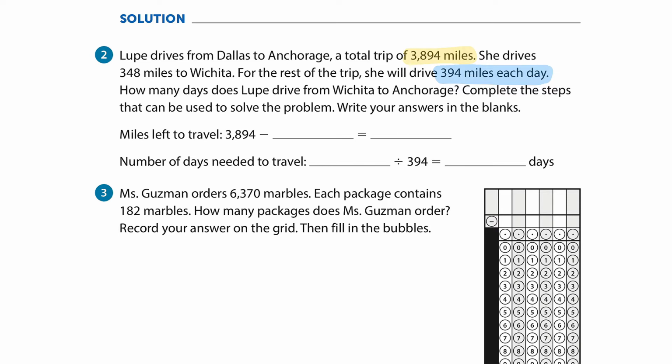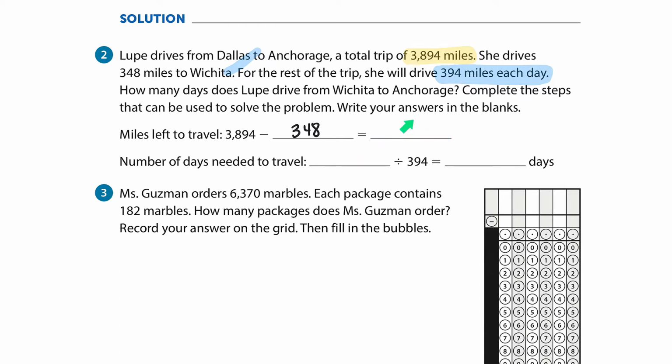Okay, so we're chunking some of it off, and then we have to divide to see how many more days it'll take. Complete the steps to solve the problem, write your answers in the blank. The first step is we need to see her total trip minus that little chunk to Wichita. So we're going to do her total minus 348, and then we'll have this answer here, this difference.